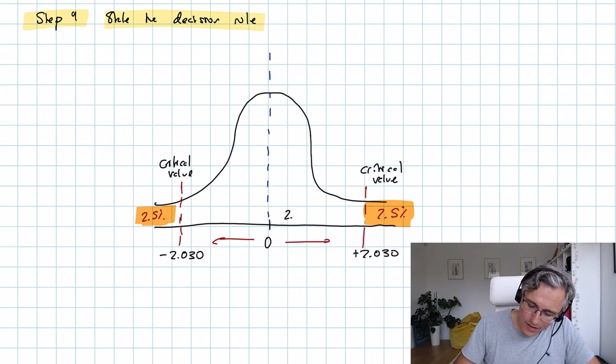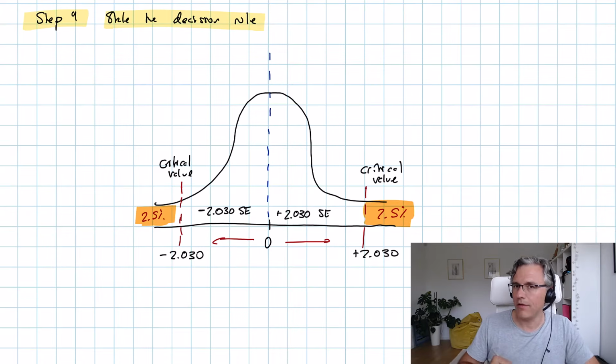So this is plus 2.030 standard errors from 0, this is minus 2.030 standard errors.